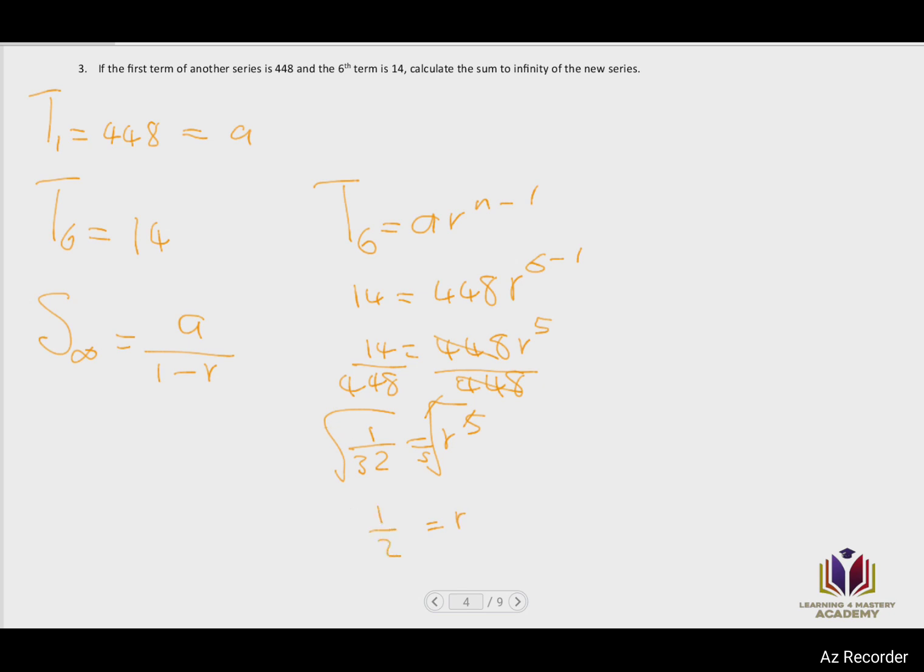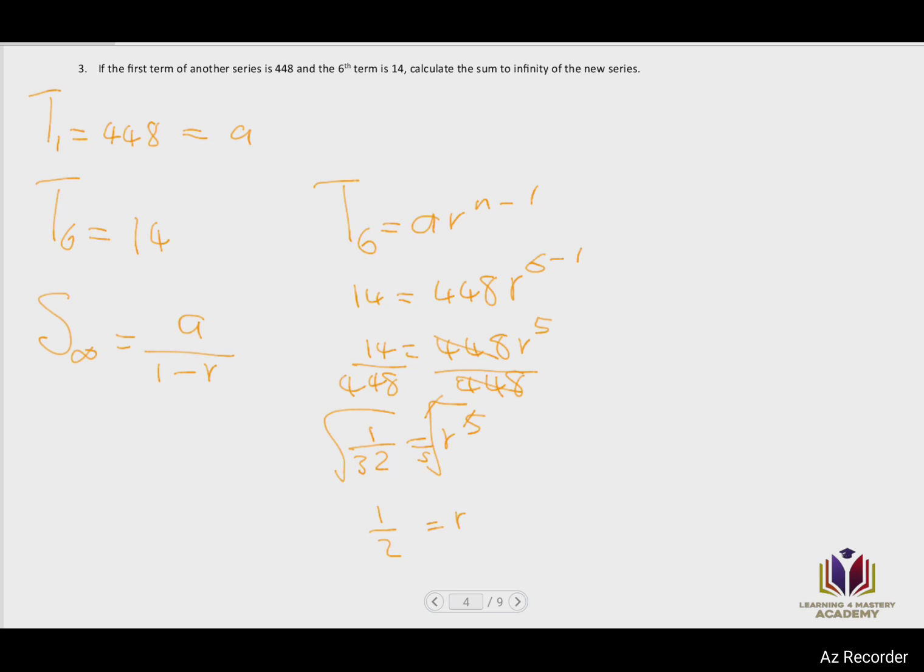Okay, so our a is 448. Remember, in the first question, I explained why that is, right? I took you through all the calculations. So in this case, I cut corners. I went from T1 being 448 to saying that it's actually equal to a. Okay, we then substituted the a into the T6 formula.